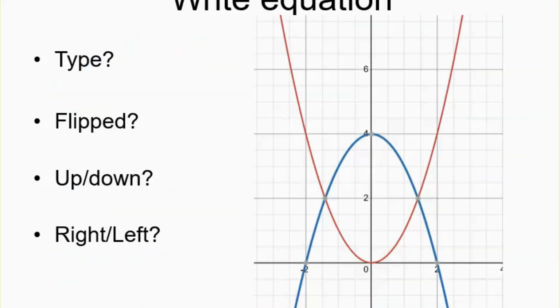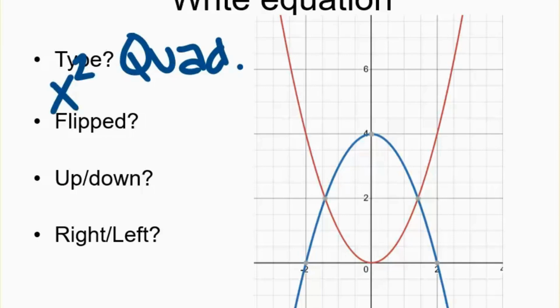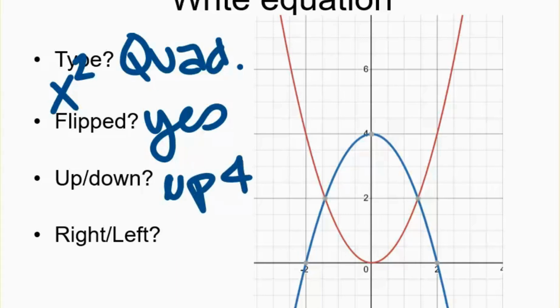Example number 2. Again, I have a quadratic because it's U-shaped. This is flipped upside down. That means I'm going to have to multiply by a negative. I did move up 4, but I did not move left or right.